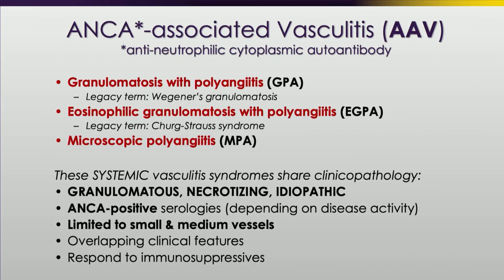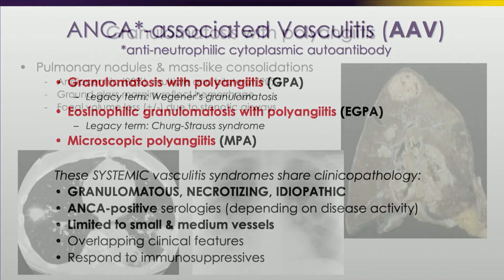They can be necrotizing. They are considered idiopathic, and in many cases demonstrate ANCA-positive serologies, depending upon the variant and the presence of disease activity. These are limited to the small and medium-sized vessels, have overlapping clinical features, and respond to immunosuppressives.